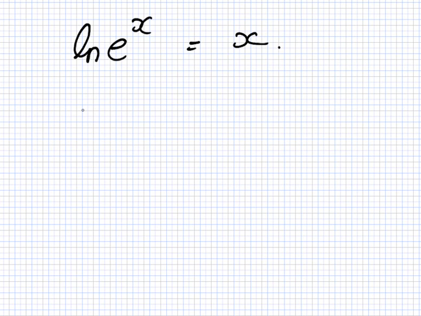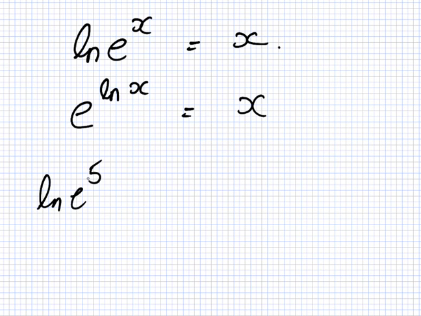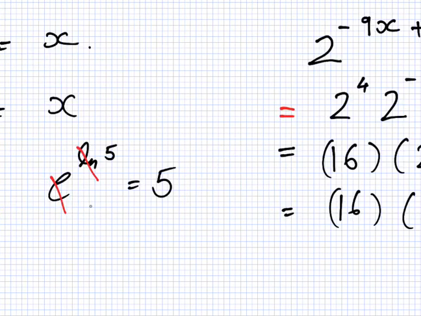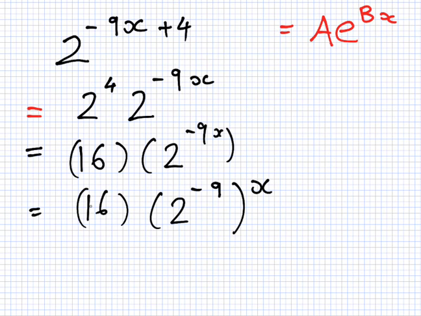And likewise, you could also say e^(log x) is also equal to x. So for example, log_e(e^5) is equal to 5, and e^(log 5) is also equal to 5. In other words, an e and a log together cancel each other. That's important to know for what I'm about to do next.